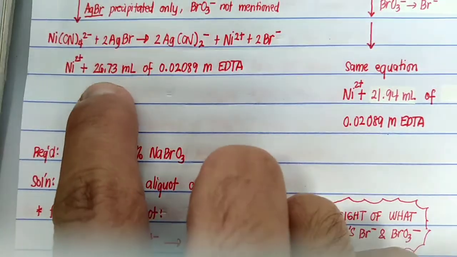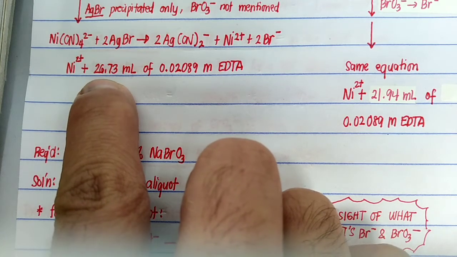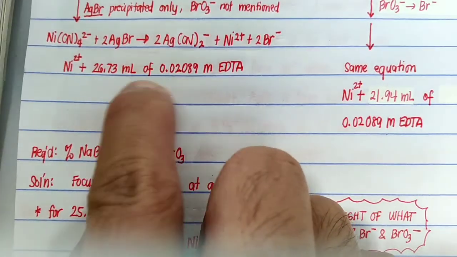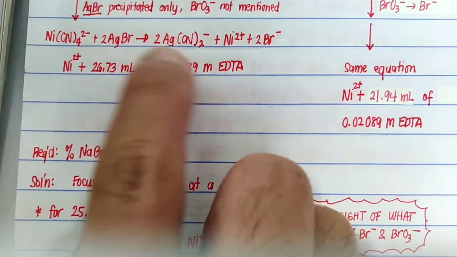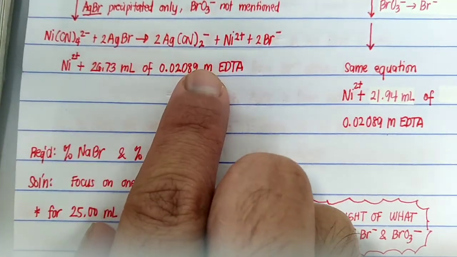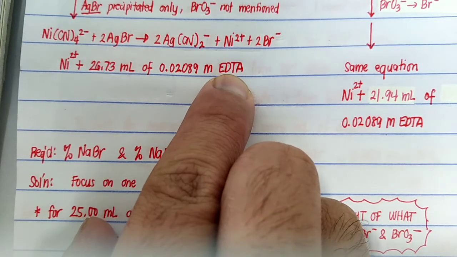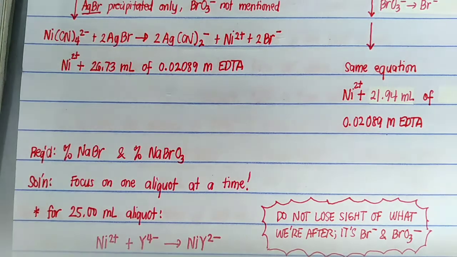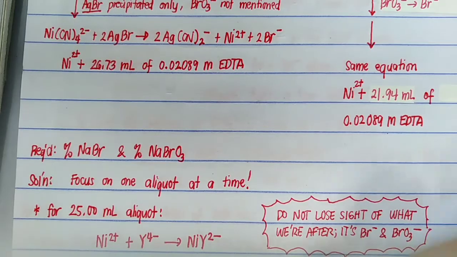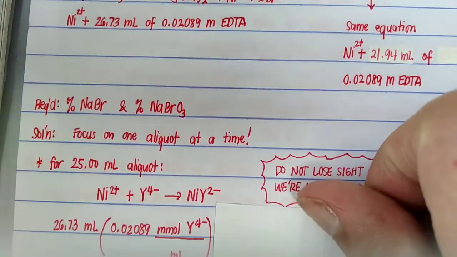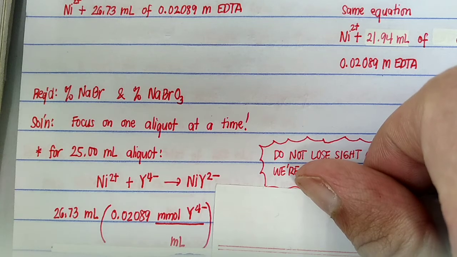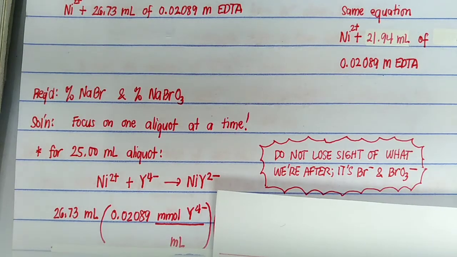So again, we now have a pairing of a volume and a concentration, which is good for us because we can now multiply these two immediately and get the moles of EDTA. So multiply the volume and the concentration, and we should be able to get the moles of EDTA that was used in the 25 mL aliquot.